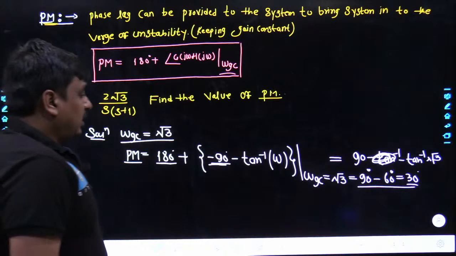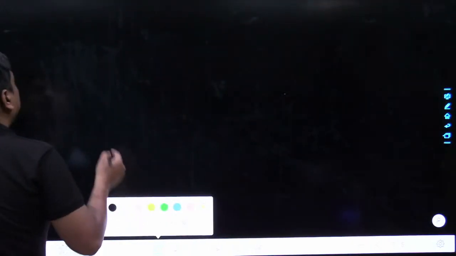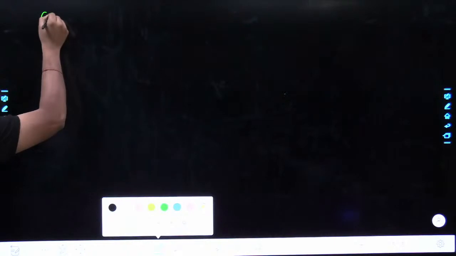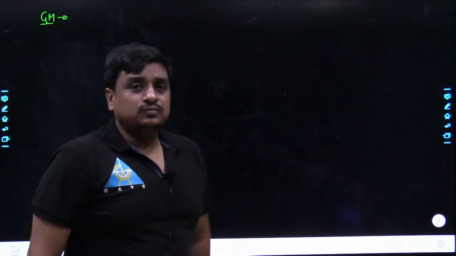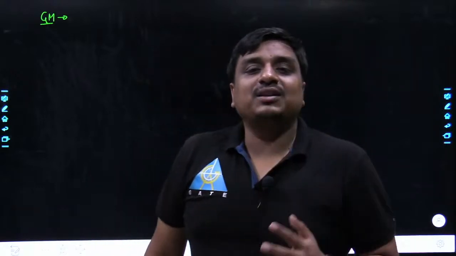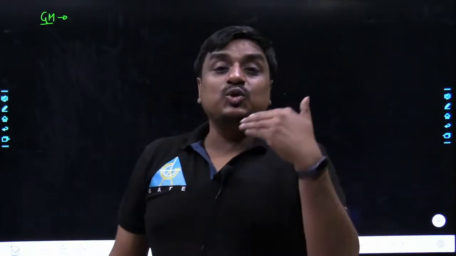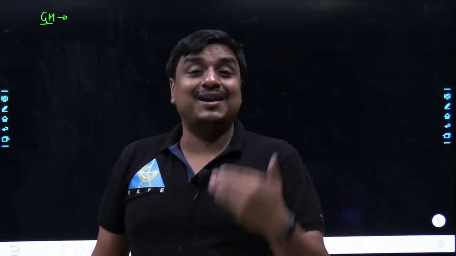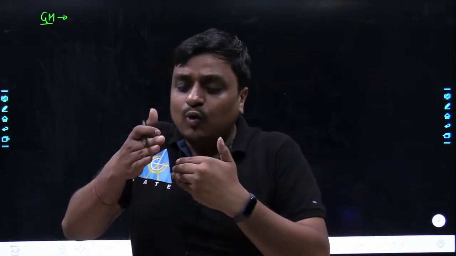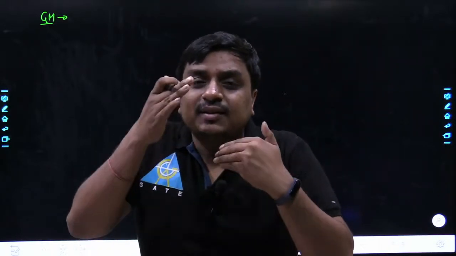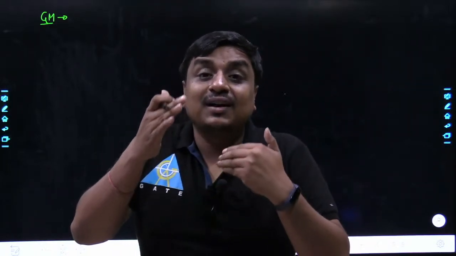Now do one thing, let me go ahead with the concept of gain margin. Try to understand what gain margin means. As we had the margin in phase, now we will be discussing margin in gain. Like in case of phase margin, I was discussing how much margin you have in terms of lag such that the system remains stable, or if you keep pushing the system towards the lagging side, how much lag you can offer to the system so that the system reaches the verge of instability.